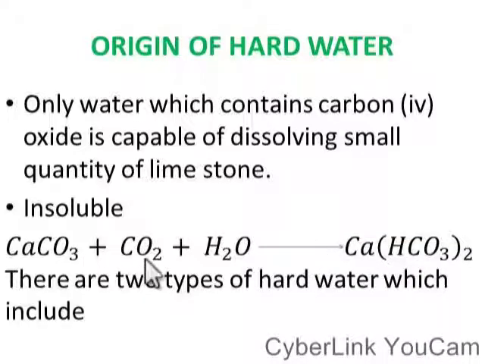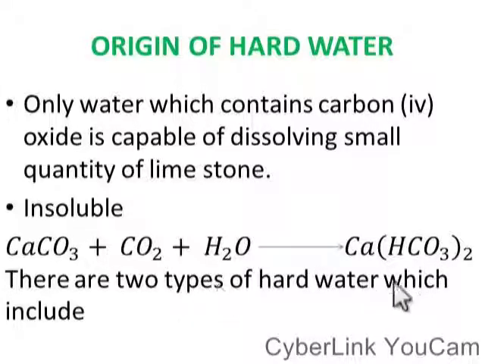Only water that contains some quantity of carbon(IV) oxide, CO2, is capable of dissolving calcium carbonate to an extent. Look at it, this is calcium carbonate, CaCO3 plus CO2 plus H2O goes to Ca(HCO3)2. This is calcium hydrogen carbonate.